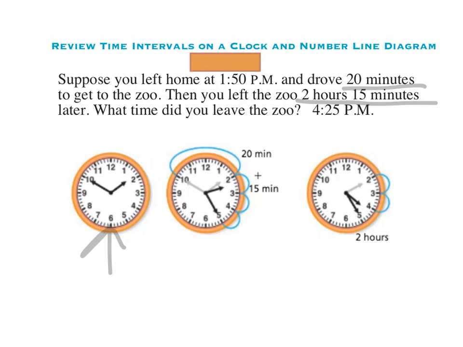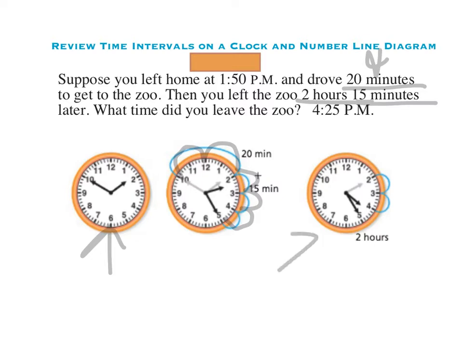So if you look at the start time, 1:50, this illustration is saying go in order. Add your 20 minutes. So 20 minutes would be 2:10. Then you're going to add, in this case, that 15 minutes, so 5, 10, 15, so that would be 2:25.